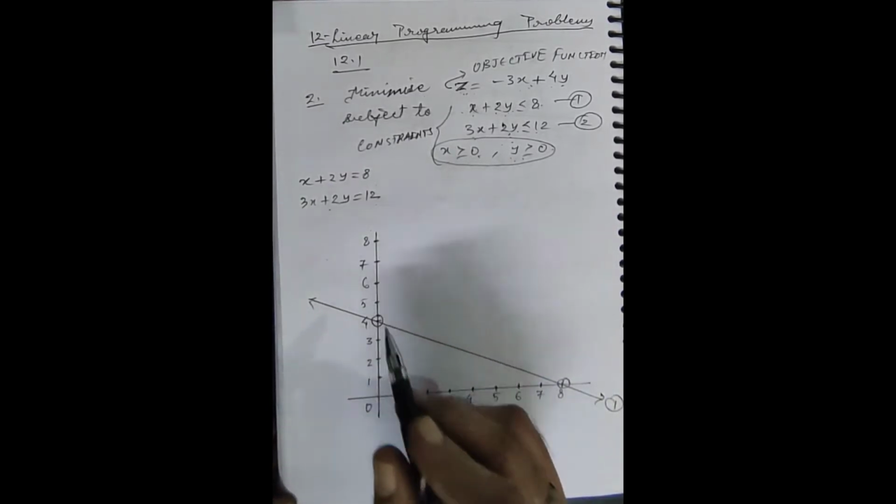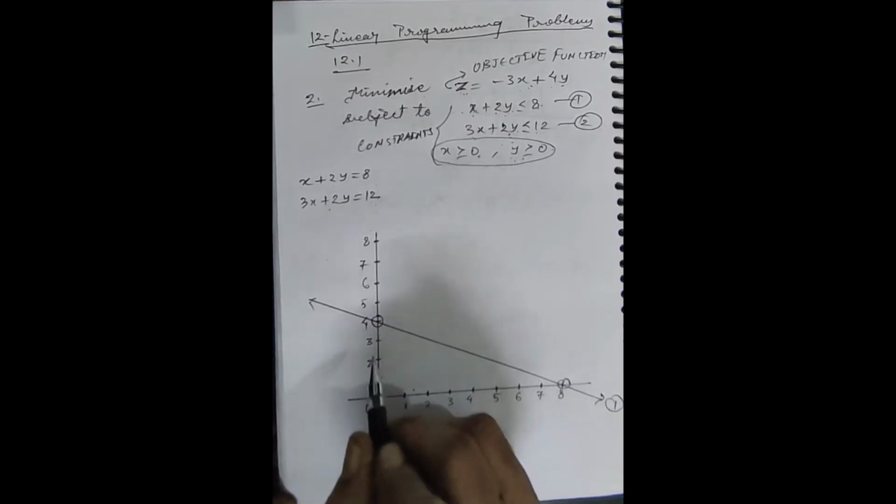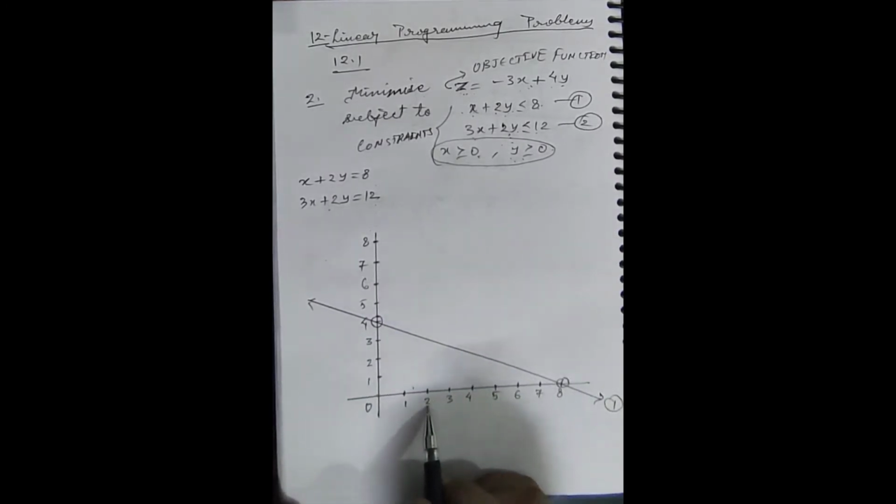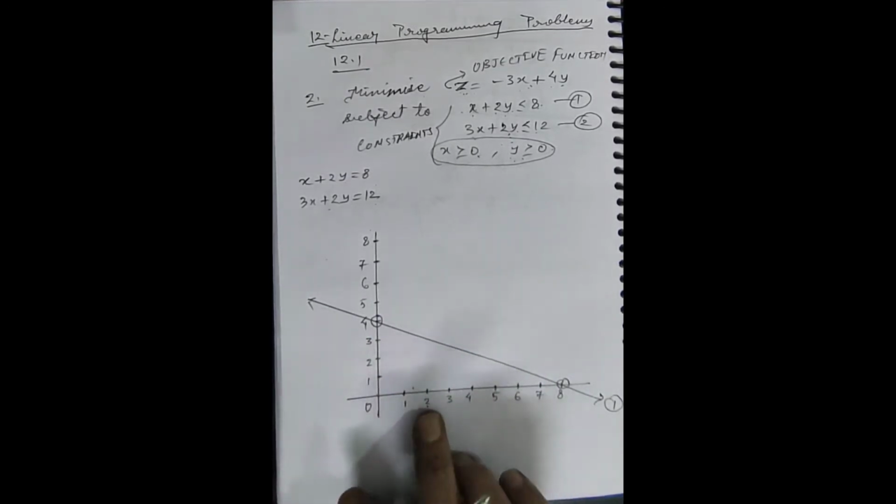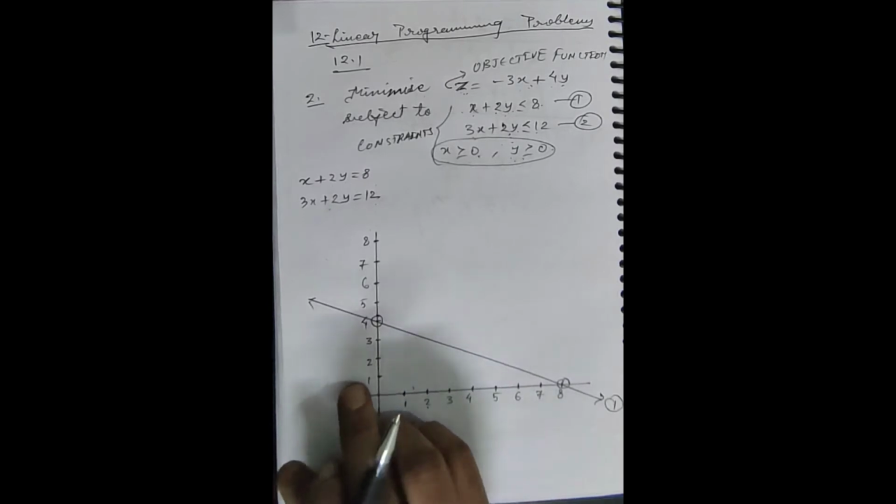I advise that the point should be either the origin or any point from the x or y axis. For example, here is a group of points: 2, 0, 3, 0, and 0, 1, 0, 2.